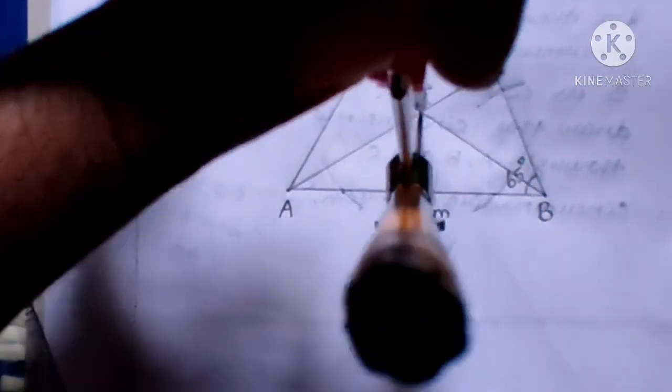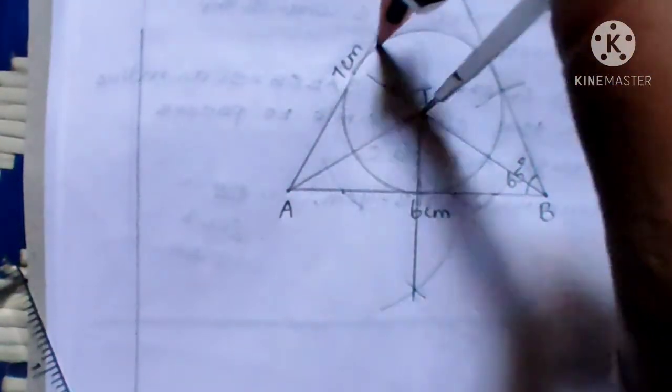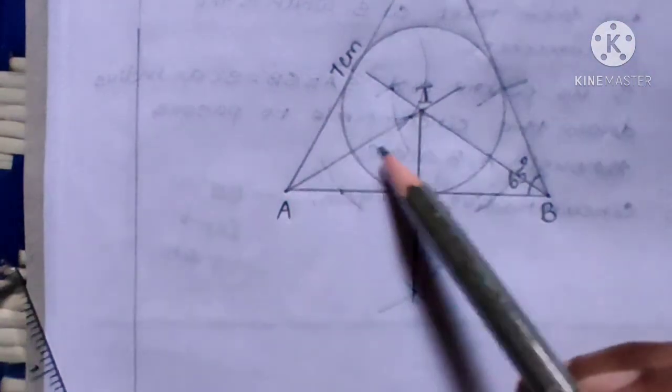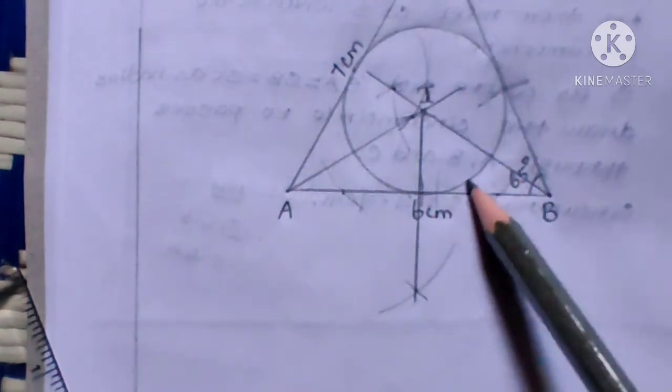Use this incenter and draw the incircle of the triangle. This is the incircle of the triangle.